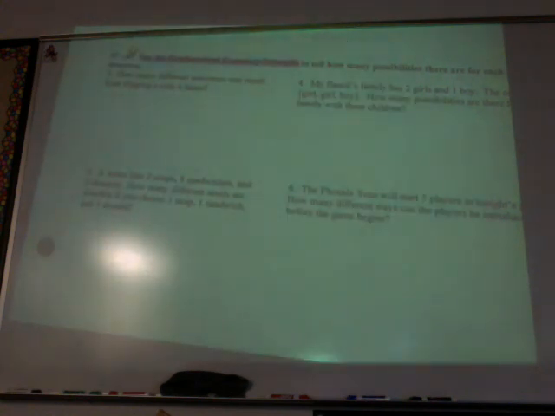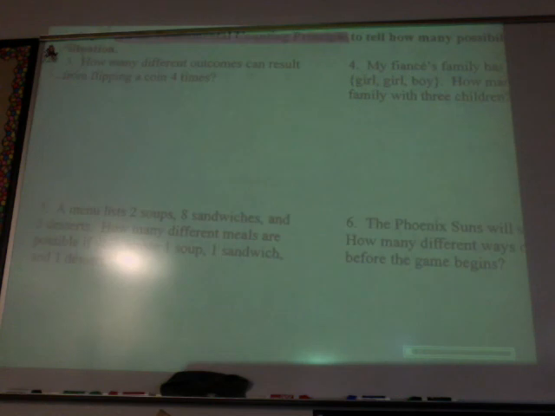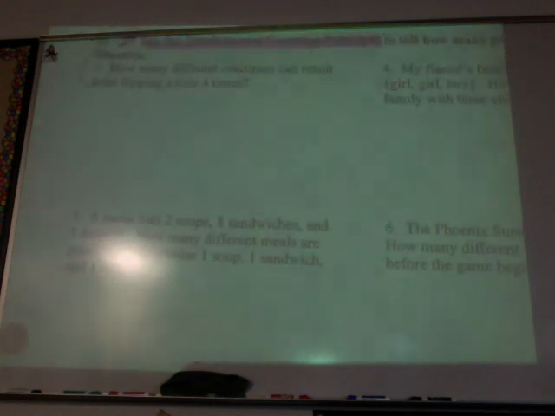So let's look at number 3. I want you to use your counting principle for number 3. It says how many different outcomes can result from flipping a coin 4 times. How many events are occurring? 4 events.